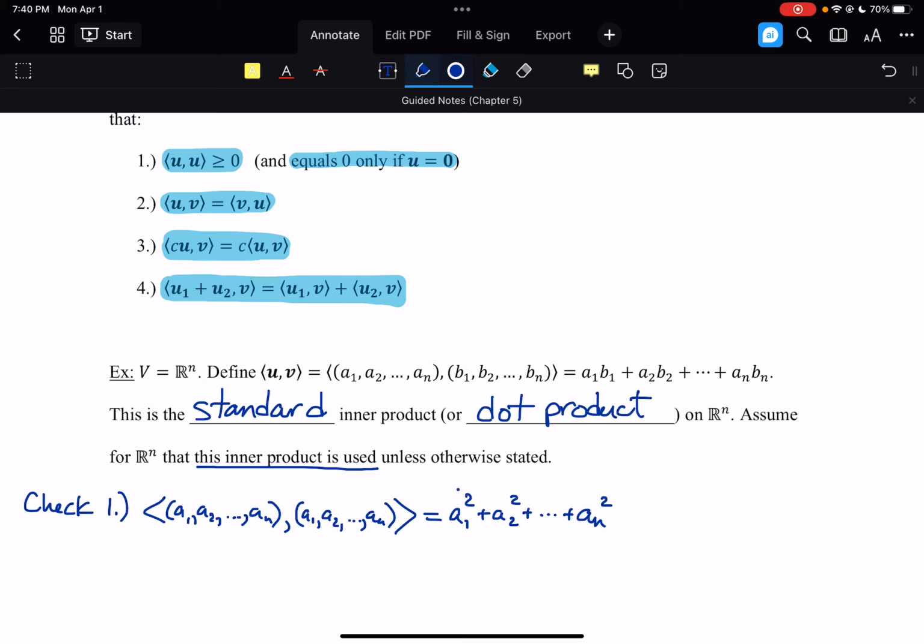Every one of these terms is squared, meaning that the sum will be greater than or equal to 0. It will always be positive or potentially 0, but it will only be 0 if every single one of these terms is 0. So we say it will equal 0 only if a1, a2, etc., all the way through an are 0.